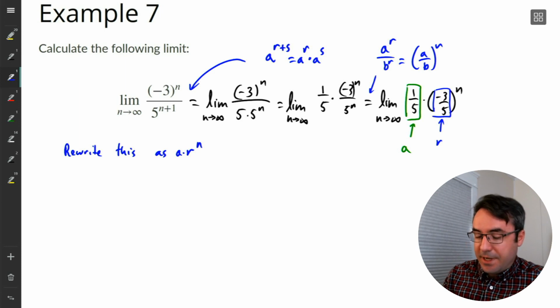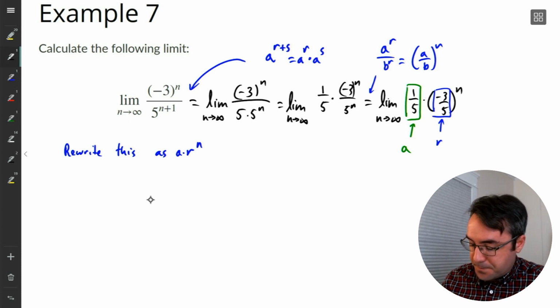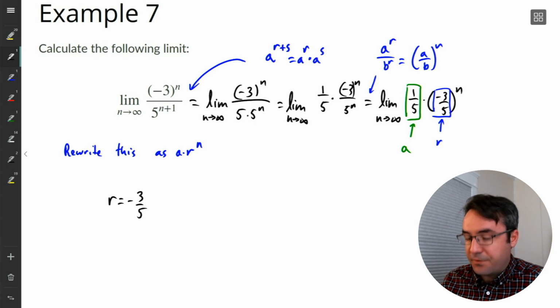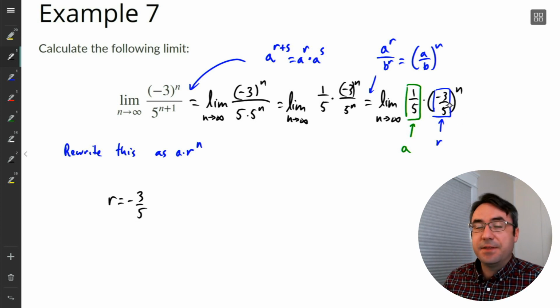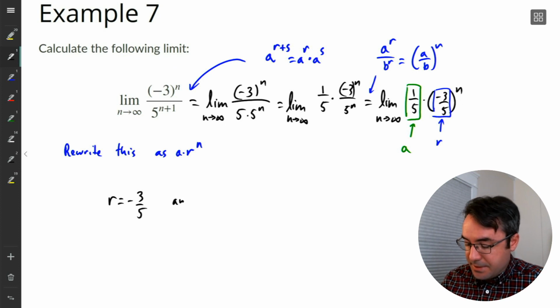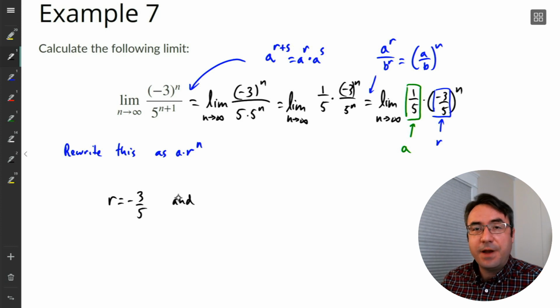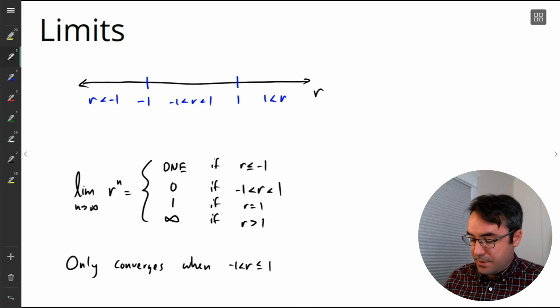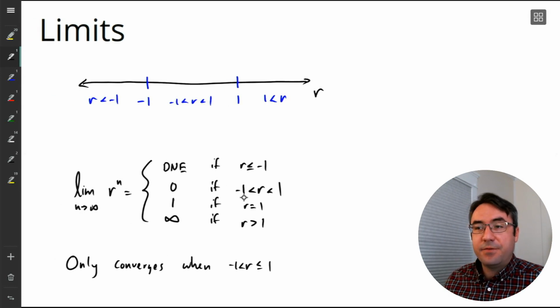So what do we see? We see that r is equal to negative 3 over 5. It's the number inside this raised to the power n. And if we go back to our previous result, negative 3 over 5 is in between negative 1 and positive 1, so the limit is going to be 0.